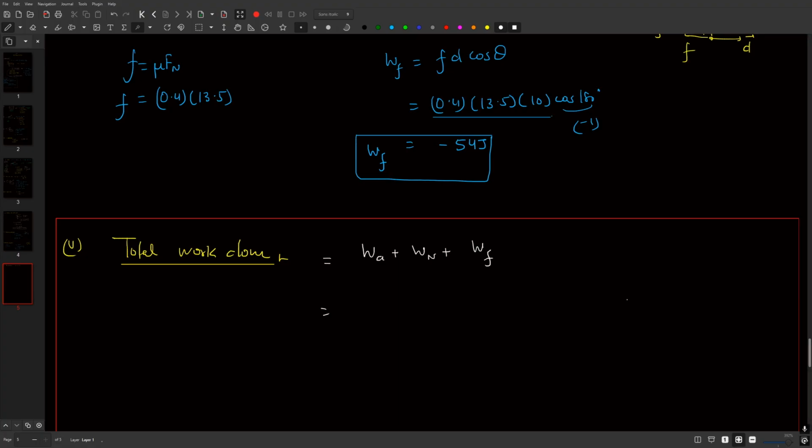Now work done by the applied force, we calculated that to be 500 joules. Work done by the normal force was 0 joules, and work done by the force of friction came out to be minus 54 joules. So the answer comes out to be 446 joules. That is your total work done.